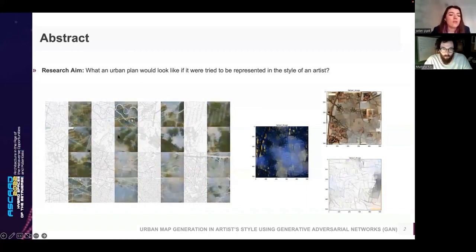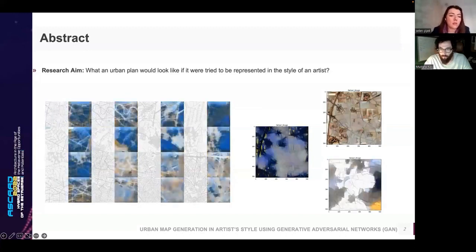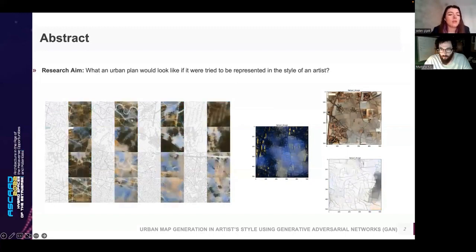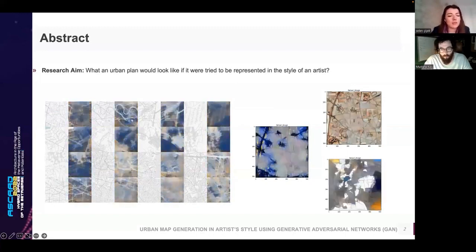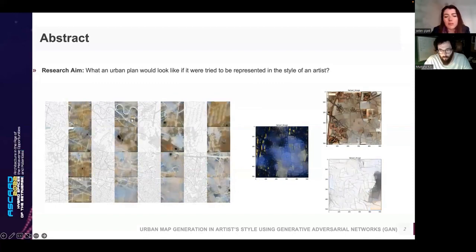Thus, we have trained two different GAN algorithms, CycleGAN and StyleGAN, and explored the possibilities of reinterpretation of stylistic urban maps. Besides, we have also discussed the potentials and disadvantages of the usages of two different image-to-image translation GAN models.